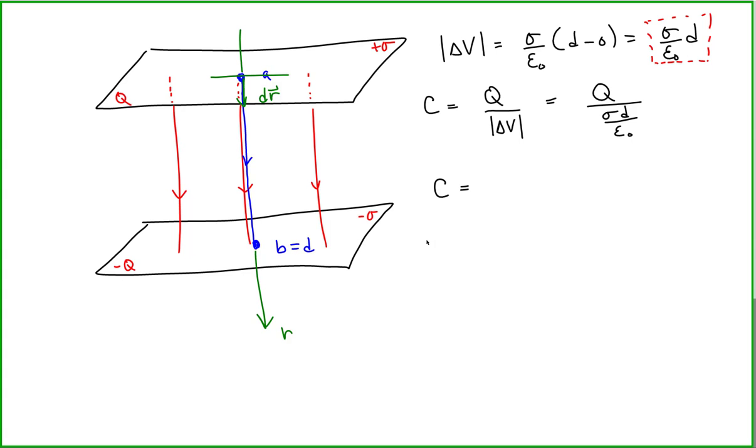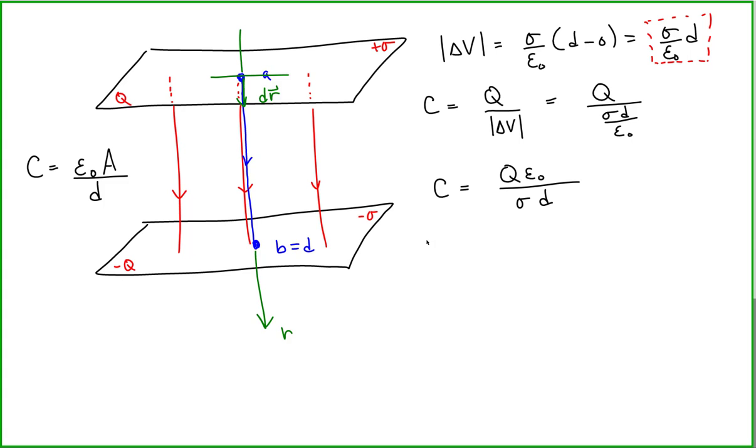Or the capacitance is Q, for the charge, times epsilon naught over sigma d. Okay, so we're getting closer. Remember, we needed to show that the capacitance for a parallel plate capacitor is equal to the product of the permittivity of free space and the area of the capacitor plate over the separation distance.